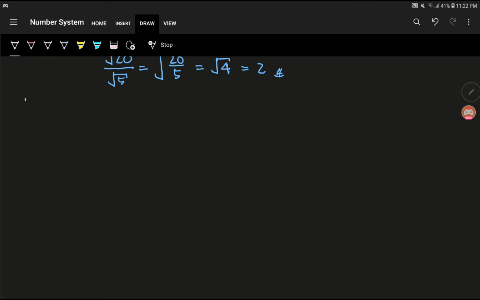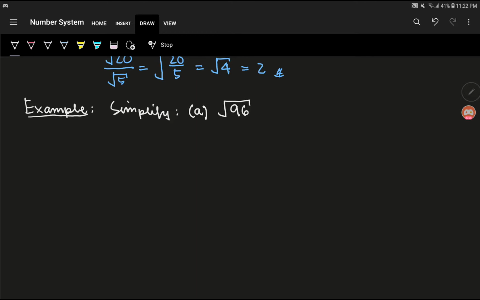So example, simplify the following. A, we have surd 96.